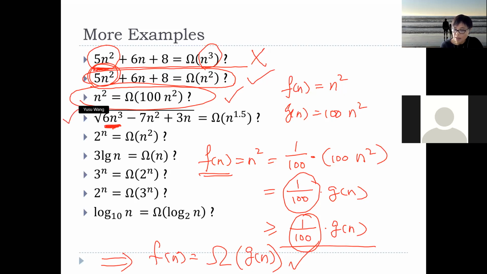And this one, you have an exponential function on the left and a polynomial function on the right, and an exponential function intuitively grows much faster than a polynomial function. As such, it's bigger than a polynomial function when n is large enough. Okay, so this is also true. And you can prove this again using the limit of these two functions.